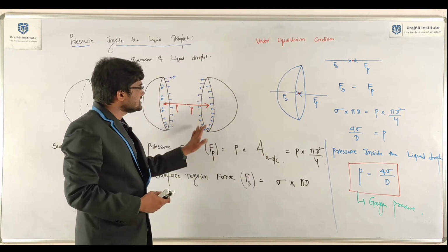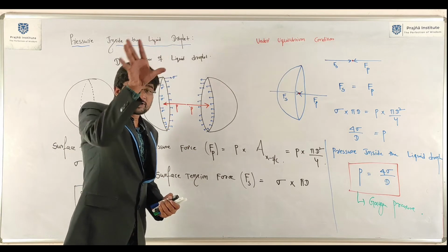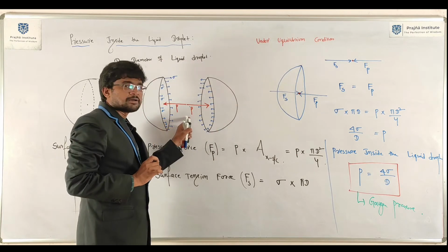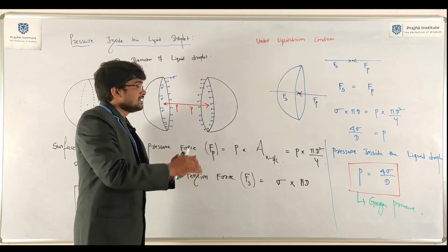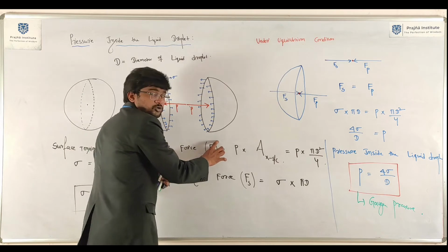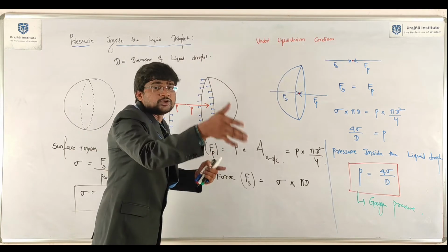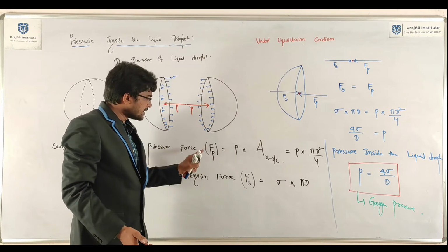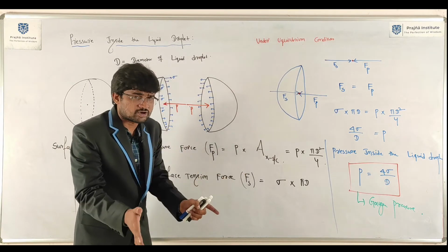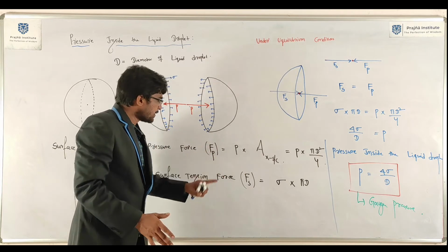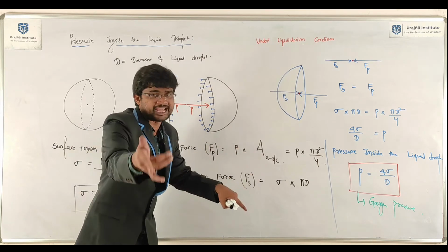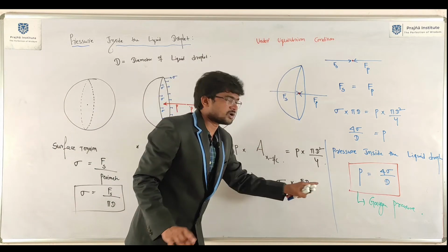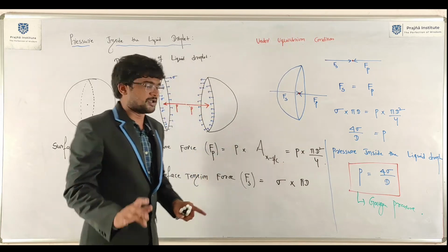Pressure is acting across the cross section. What is meant by pressure? The magnitude of external pressure force acting per unit area of cross section. So pressure force equals pressure into area of cross section. What is the area of cross section of the liquid droplet? Pi d square by 4, so P into pi d square by 4.